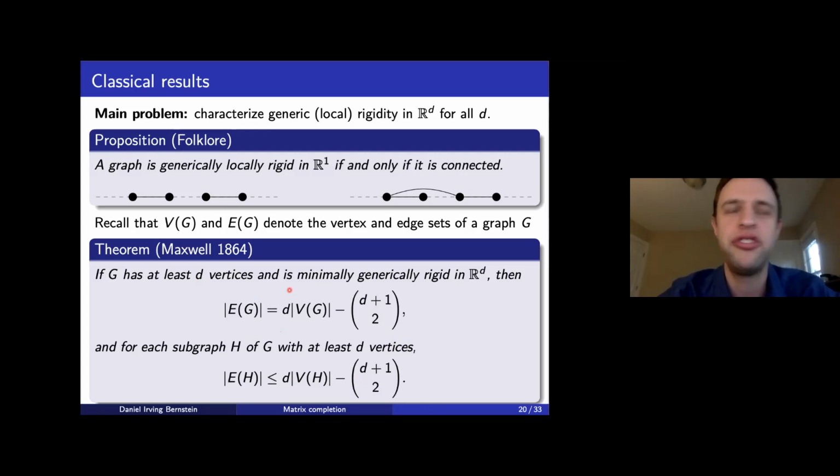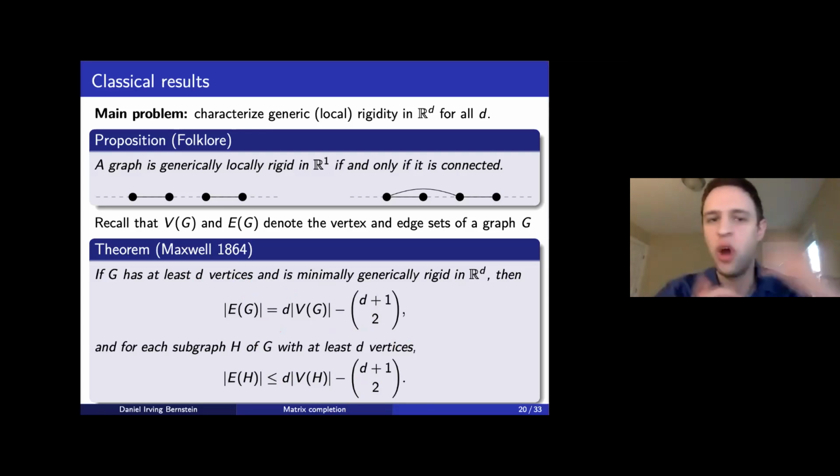To see where this comes from intuitively, Maxwell's count is a necessary condition to be minimally locally rigid. The first condition says that you have exactly the right number of edges. The second condition says that they are not all clumped up in one corner of the graph.